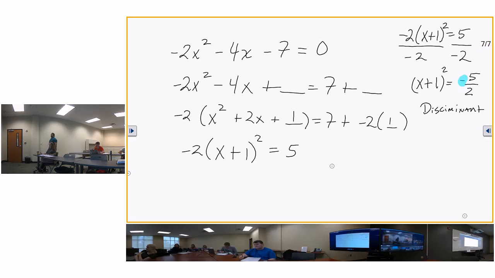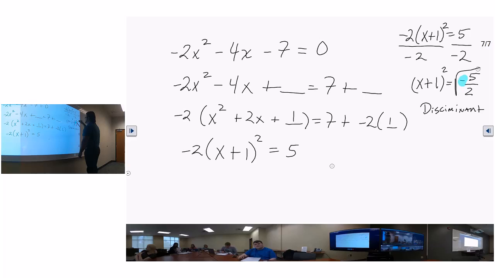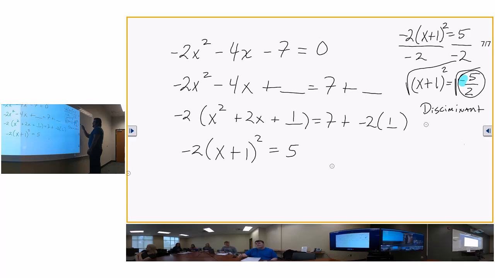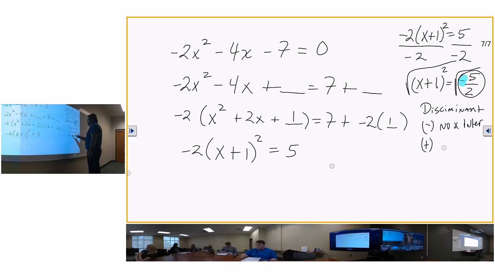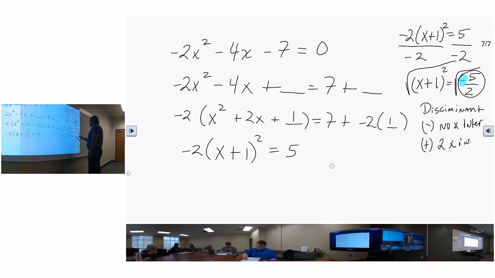It is what's under the radical that tells us what kind of function we have. When I do this right here turns into a discriminant. A negative tells us no x-intercept. A positive tells us 2 x-intercepts. And a 0 tells us 1 x-intercept.